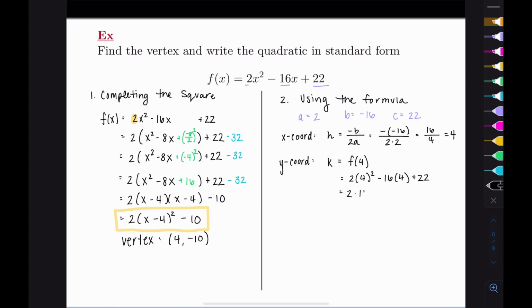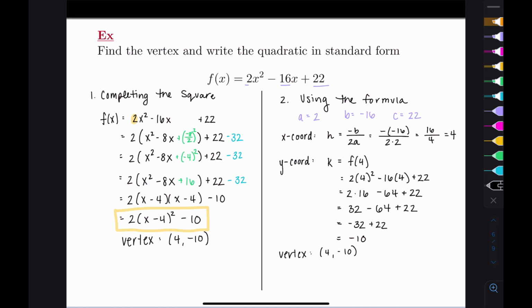So that's 2 times 16 minus 64 plus 22, which is 32 minus 64 plus 22. And then if you do 32 minus 64, it's negative 32 plus 22. And then last but not least, adding those together gives us negative 10. So our vertex we found in exactly the same way. It is (4, -10).